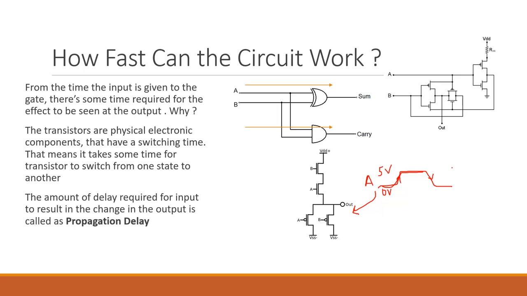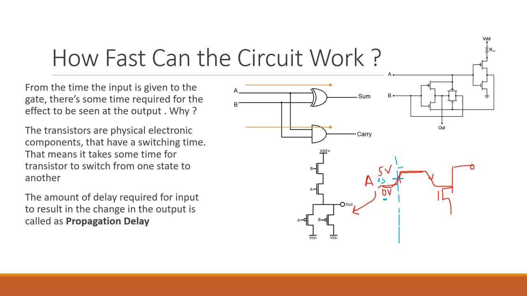Now it has entered this transistor. For the output to change, it will take some time. That time is called the switching delay. Let's assume that the transistor understands that the input has changed from 0 volts to 5 volts at this point, because this is a threshold, let's say 2.5 volts.